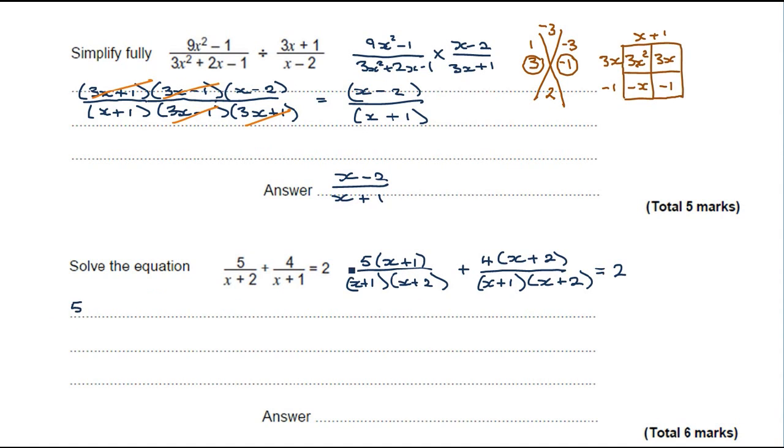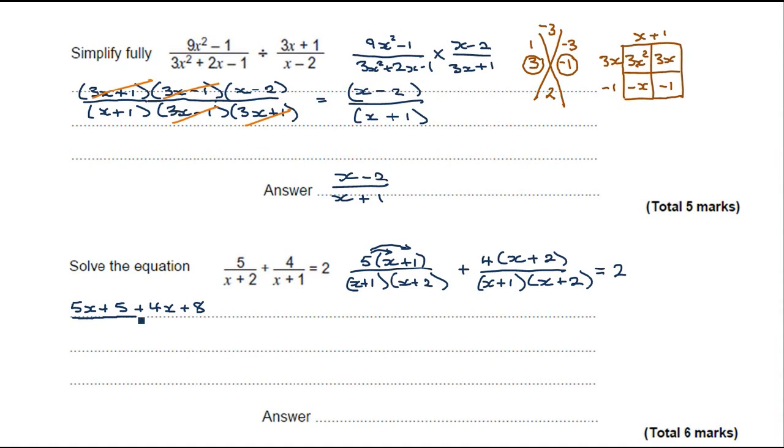Okay, now step by step we're going to expand this then. So the first step is to deal with the numerator. So we can now join these together. So we've got 5, and we're going to multiply both terms in the brackets like this. So the 5 times the x gives us 5x, and the 5 times the 1 gives us 5. Now we can add these together.